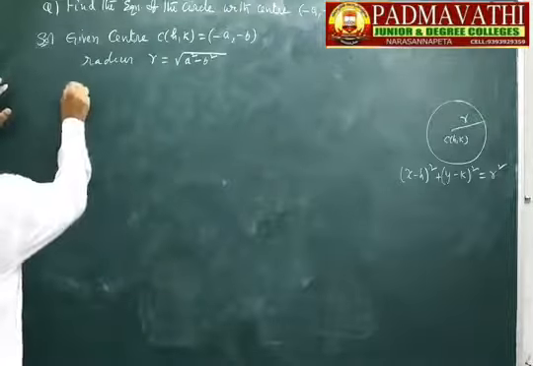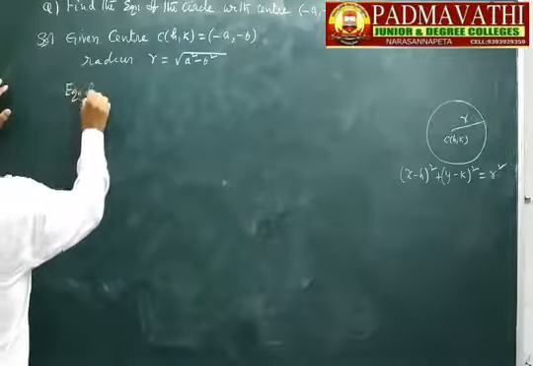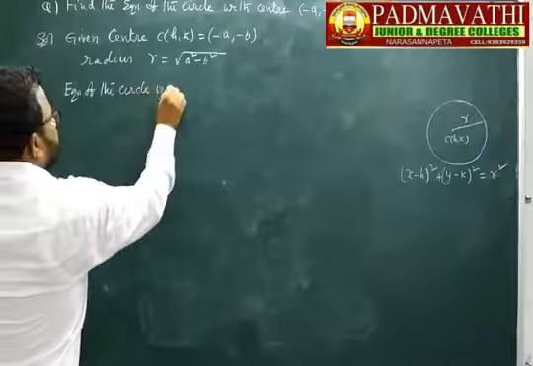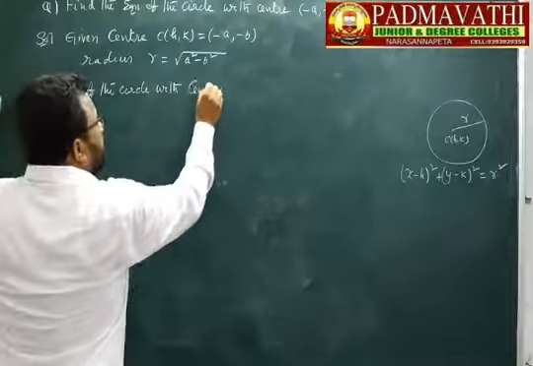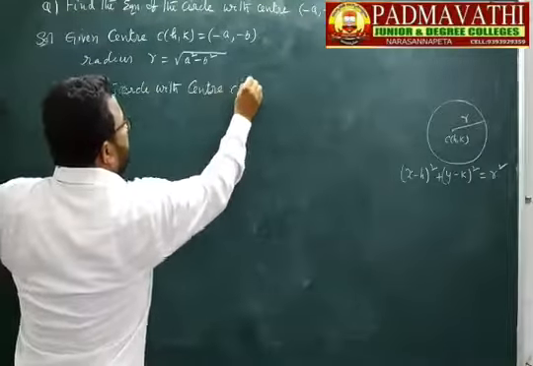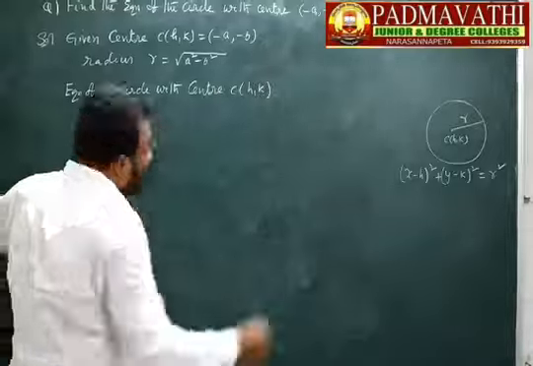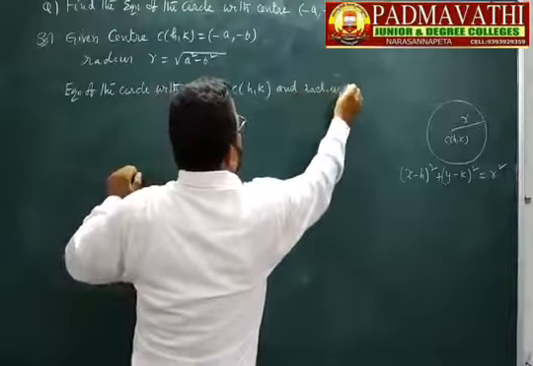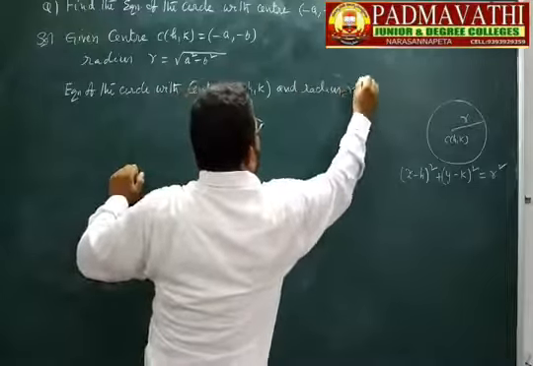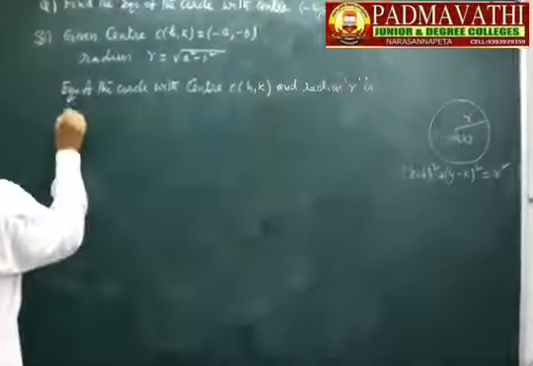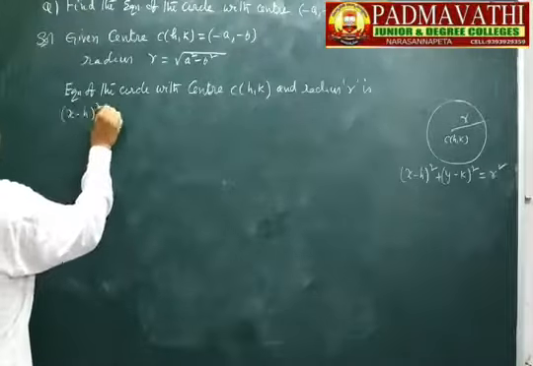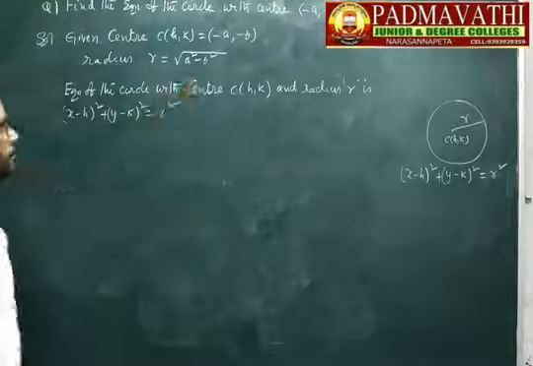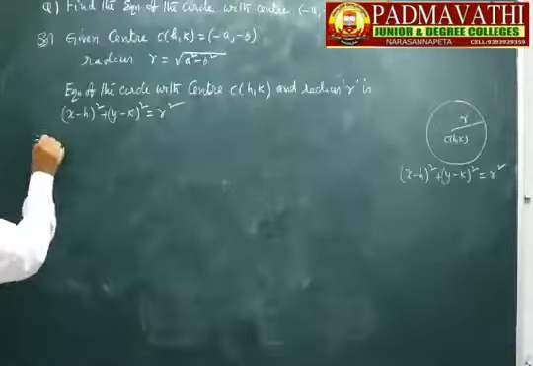Therefore, the equation of the circle with center C (h, k) and radius r is (x - h)² + (y - k)² = r². That implies substitute the values of h, k.